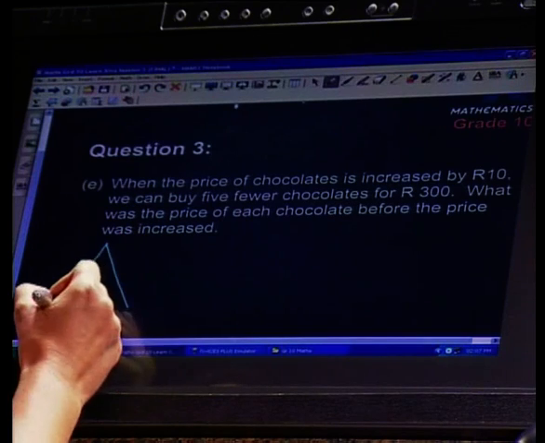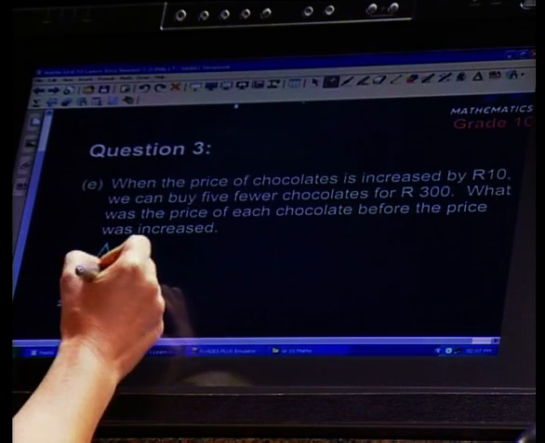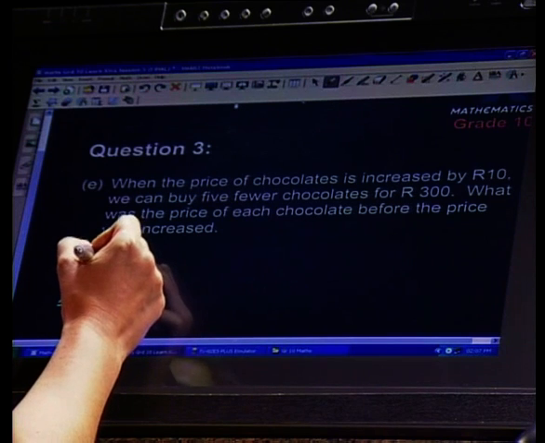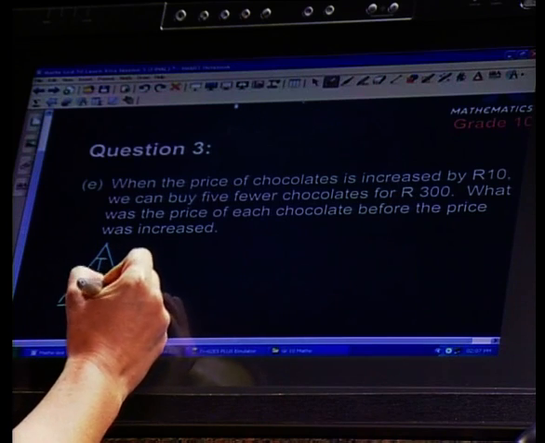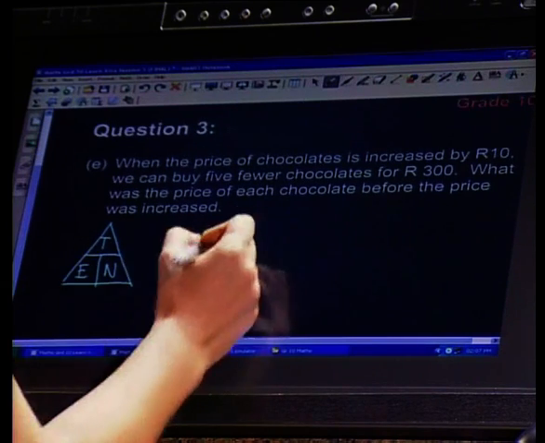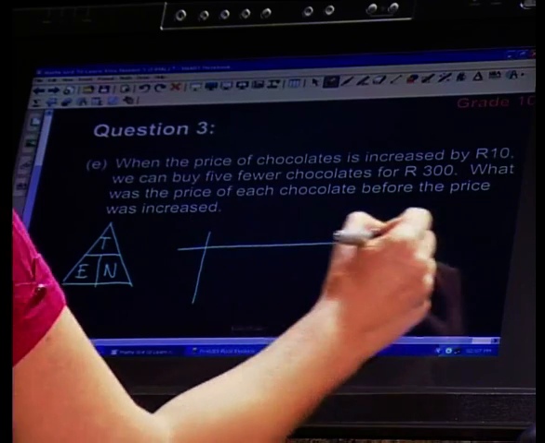So what kind of problem is it? It's going to be a TEN problem, a money problem. We're going to start by drawing the triangle and then tackle the problem. Just to remind us what the triangle looks like, firstly it points upwards, and at the top we have the T, and at the bottom E and N. Let's form the table.